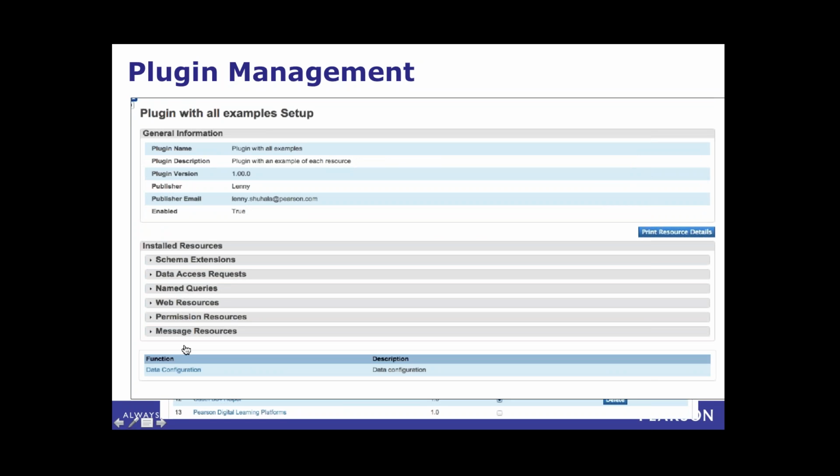There's so much information here that it's really quite overwhelming, but it gives you all of the information so that we're not hiding anything about what pieces of data these API calls or these partners are looking at in your system. Here again, print resource details. You can print out all the gory details about that.